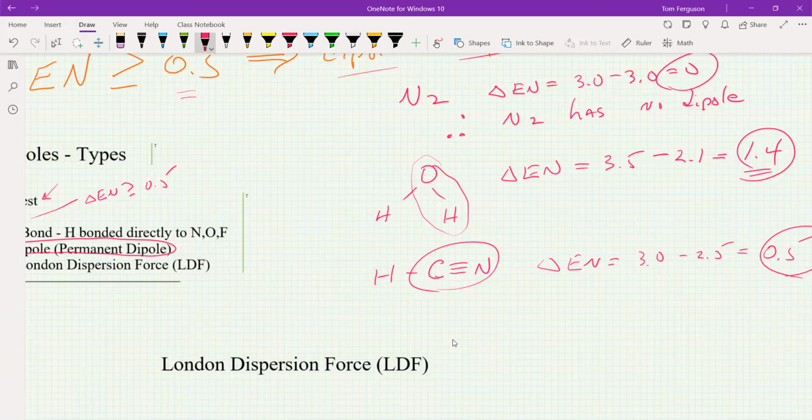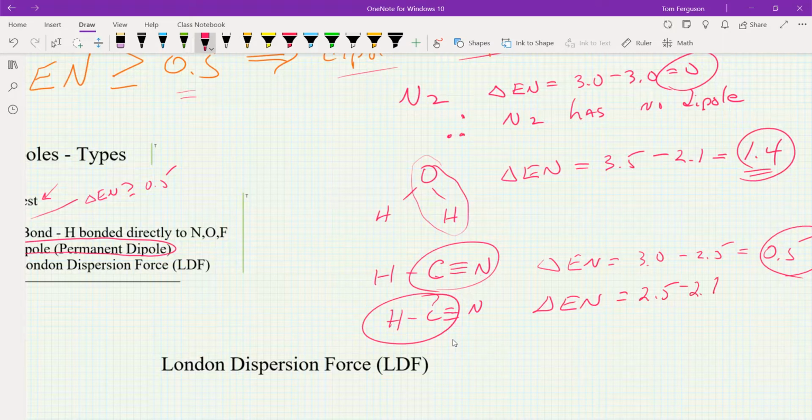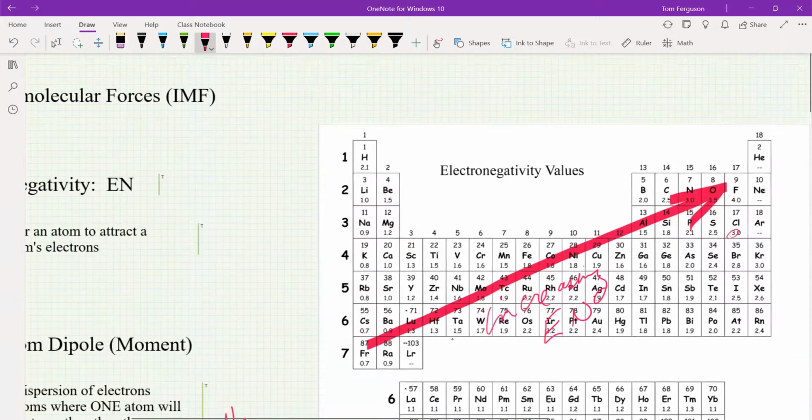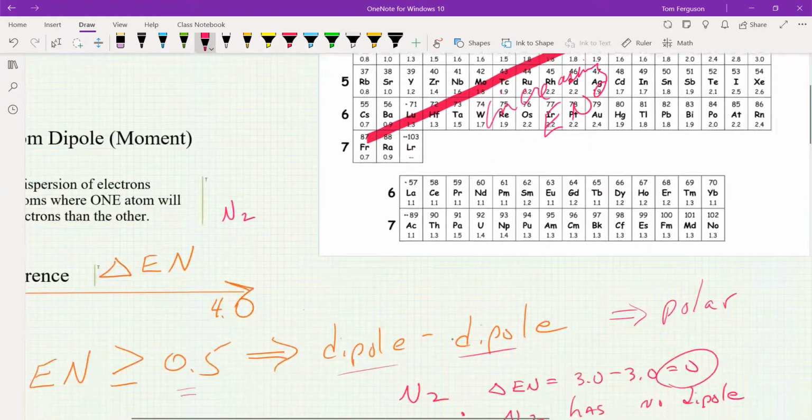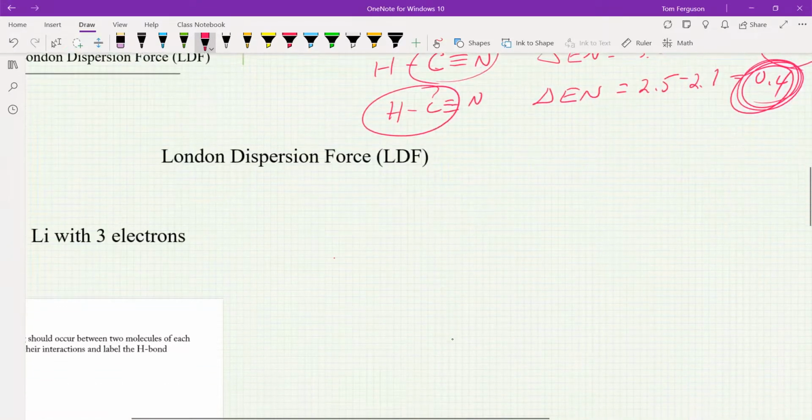Or, and by the way, if we look at this, carbon-hydrogen is 0.4 difference, so it's not considered very polar. Okay, how I got that is I'm looking at hydrogen's 2.1, carbon's 2.5.